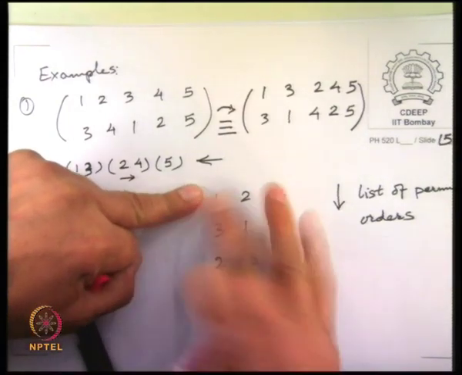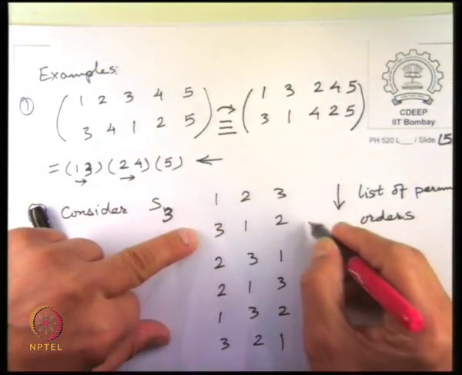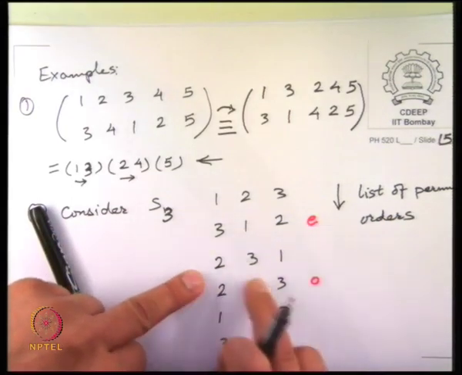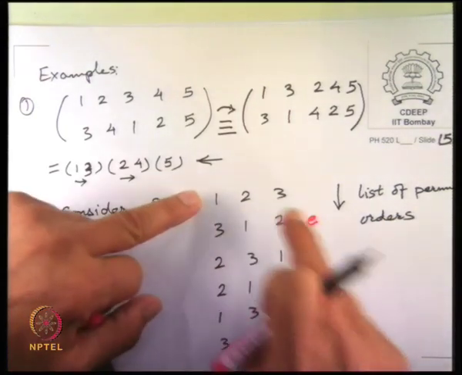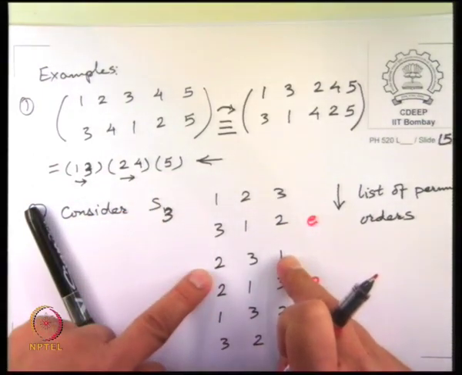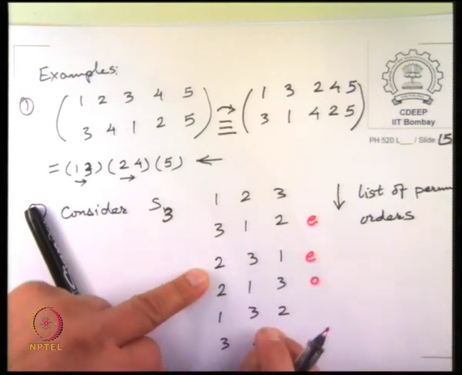Now I exchange 2 and 3, so I will get 3, 1, 2. So this is an even permutation. We can check that this is also an even permutation because I can exchange 3 and 1 first, which will bring 1 here and 3 here, and then I exchange 3 and 2. So again there are 2 exchanges, it is even.